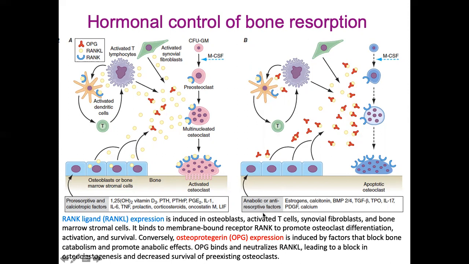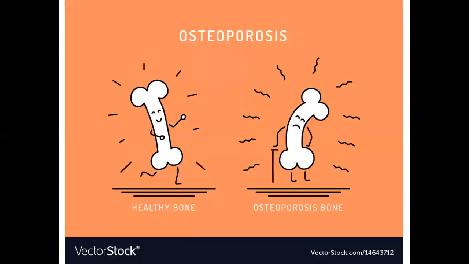Among the anabolic factors, it's important to remember estrogen. That's why patients who go into menopause, their estrogen gets depleted, and the anabolic capacity of their bones is reduced. That's why postmenopausal patients are at high risk to develop osteoporosis.